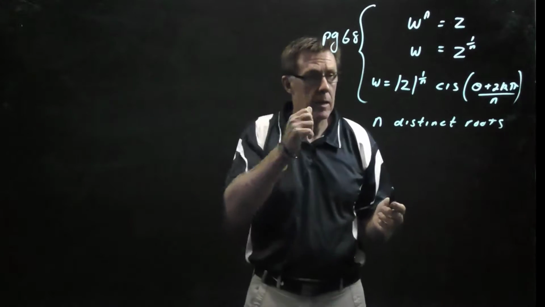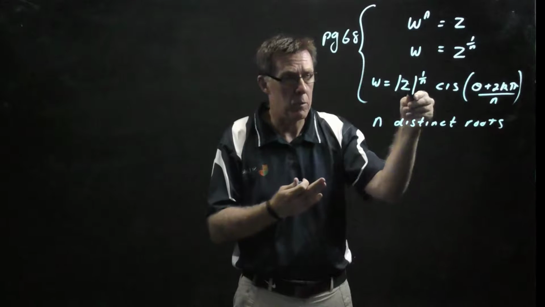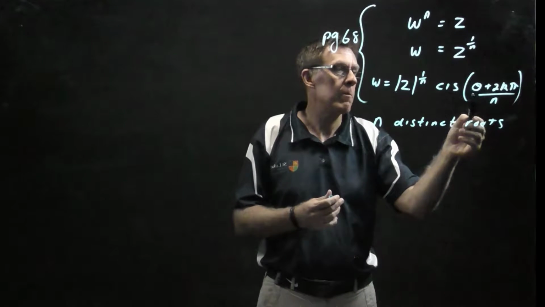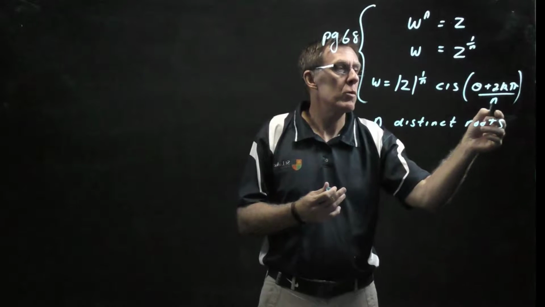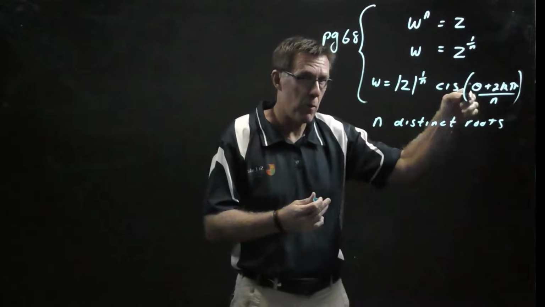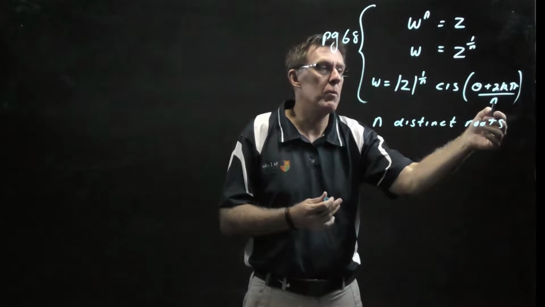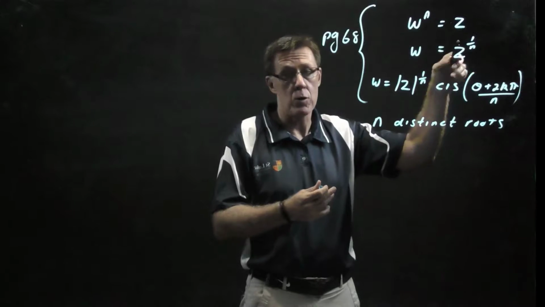So what's happening in here? Obviously we're taking the nth root of the absolute value. Theta is your angle, we'll get to that in a moment. There's 2k pi. 2 pi is one complete lap around the circle, so this is just going multiple laps around the circle.